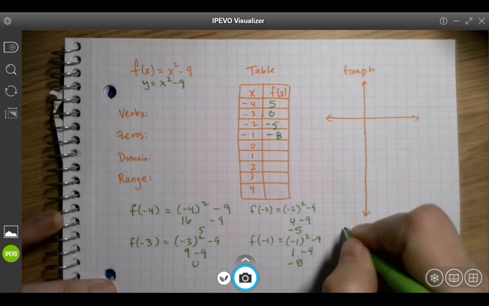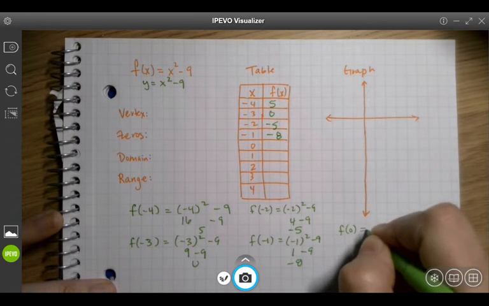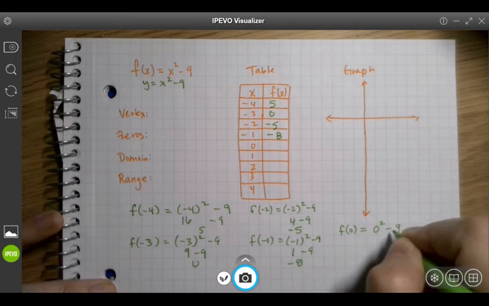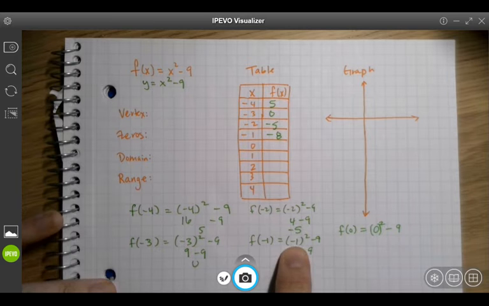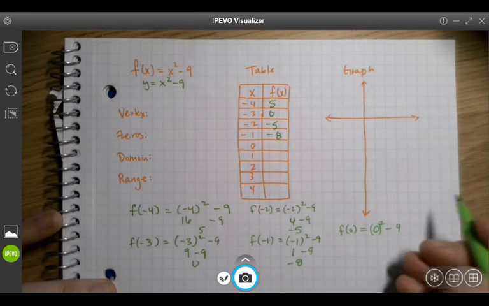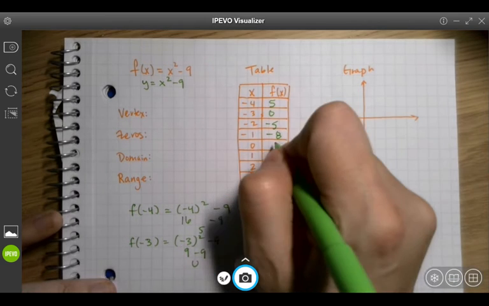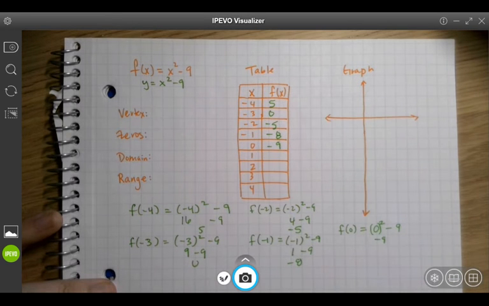And then I'm running out of space. f of 0 is going to be 0 squared minus 9. I can put parentheses there if I want to, but I don't really need to because I don't need to remind myself that I'm squaring a negative. 0 times 0 is 0. Minus 9 is going to be -9.